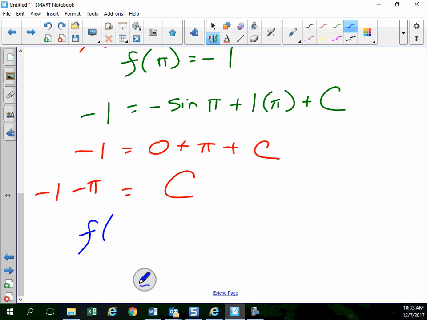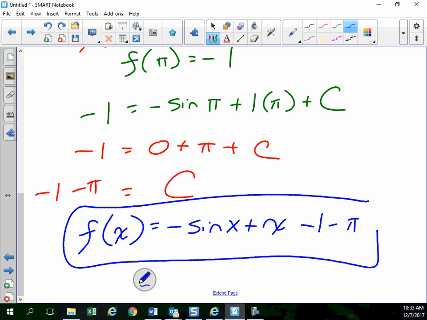Final step. f of x equals negative sine x plus x minus 1 minus pi. There's my fun words. All right.